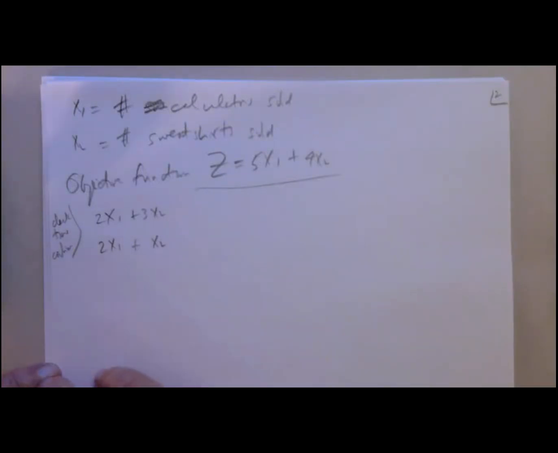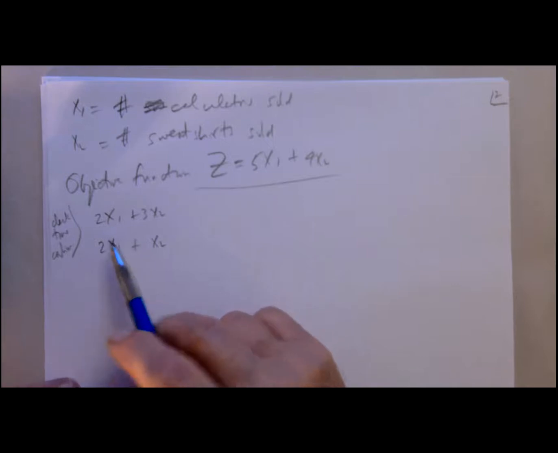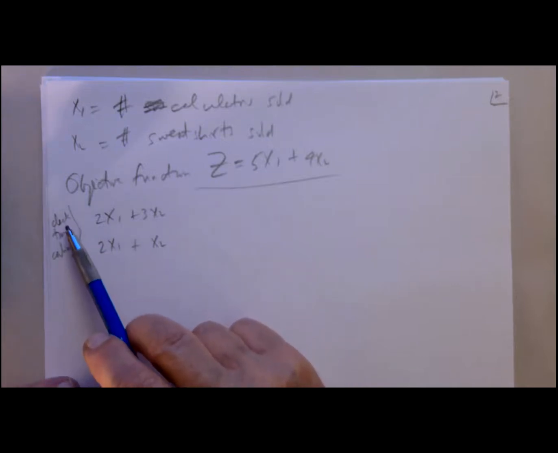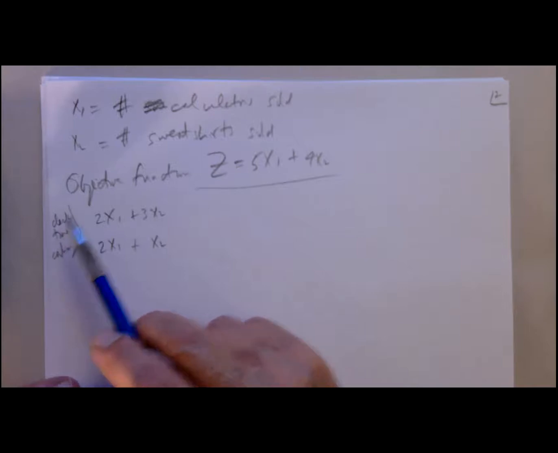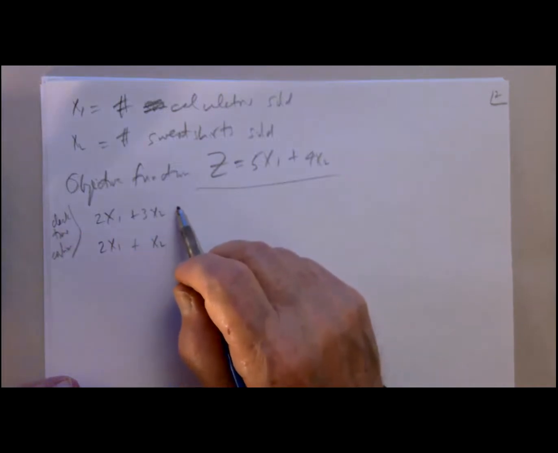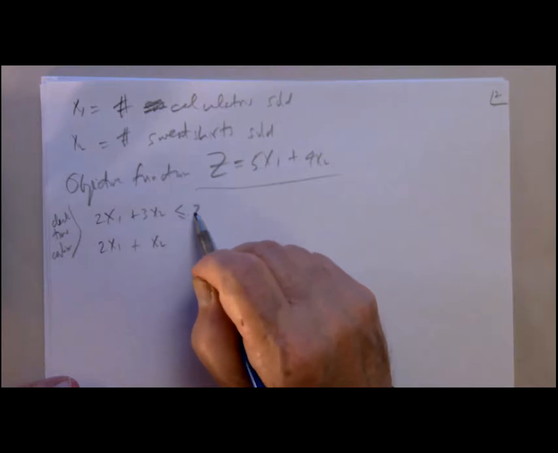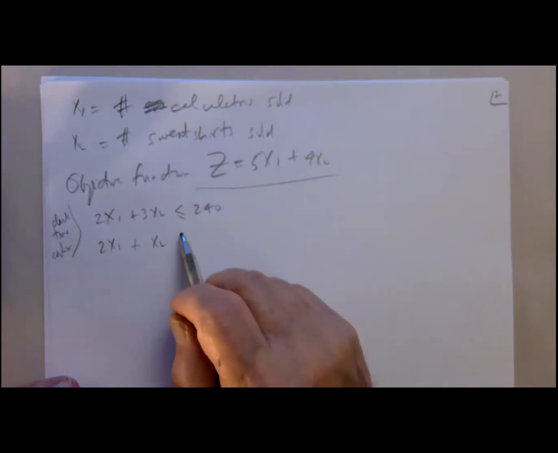Now the store is open a maximum of 2 hours a day. Since this time is measured in minutes, 2 hours is 120 minutes. But there are 2 sales clerks and 1 cashier. The number of minutes of clerk time is 2 times 2 hours, or 4 hours, which is 240 minutes.